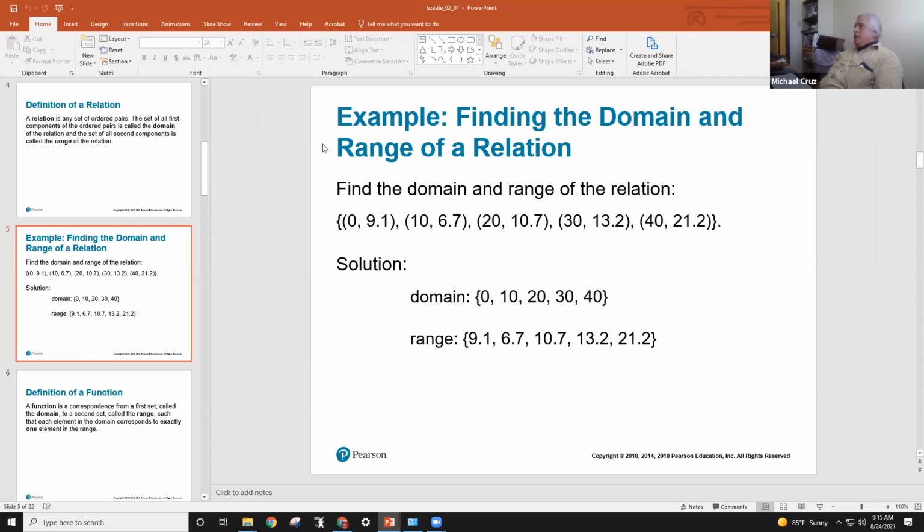Now, within the concept of a relation, there's a subset, or a smaller group, called a function.